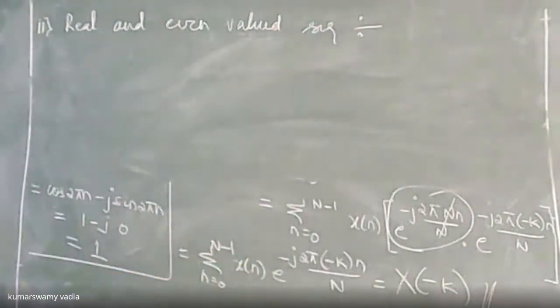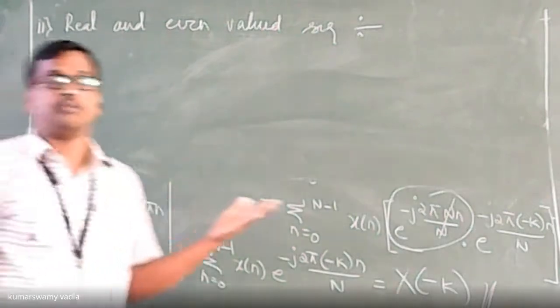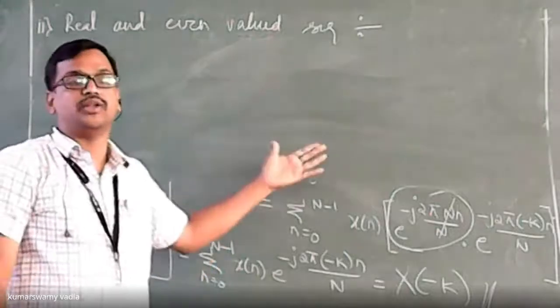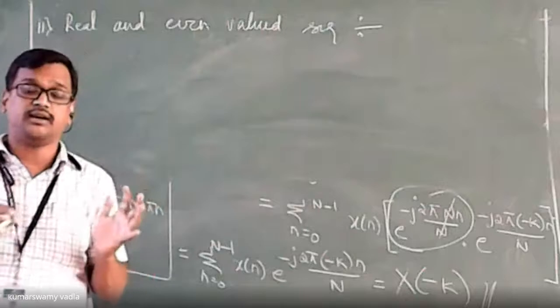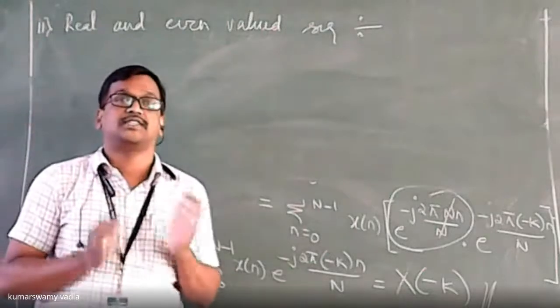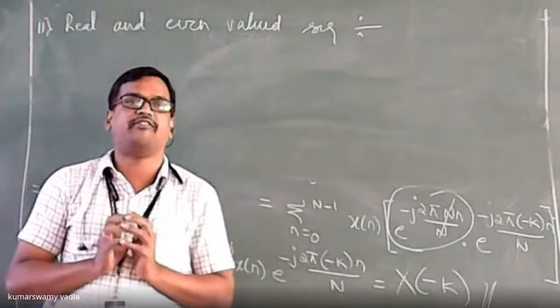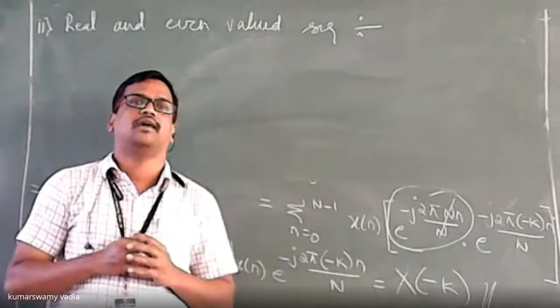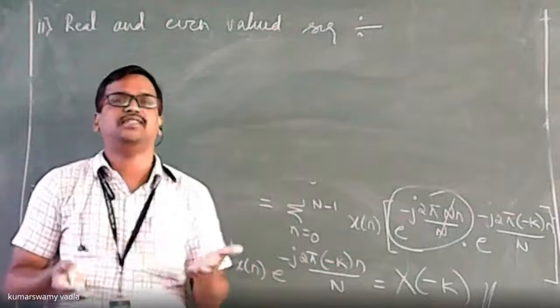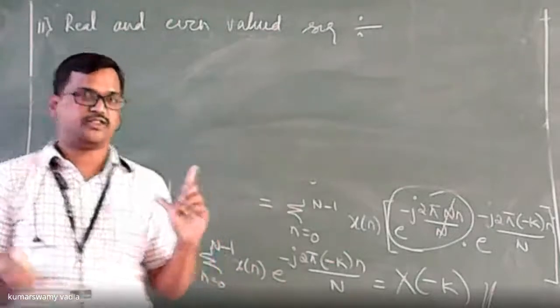Real and even valued sequence. Okay. Now, see here, please. That equation number is very much important to resolve this derivation. Real terms means suffix or whatever you have written in the equation number 1. And even means cosine. See, this is important.